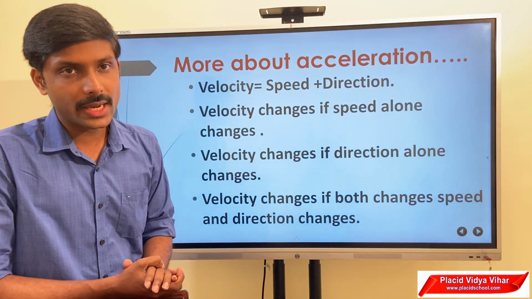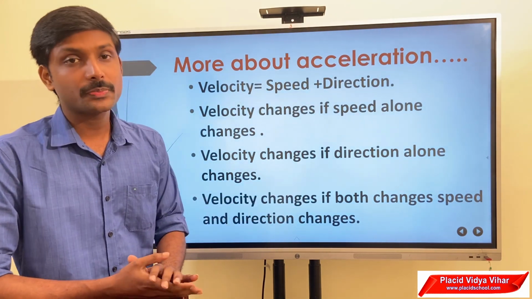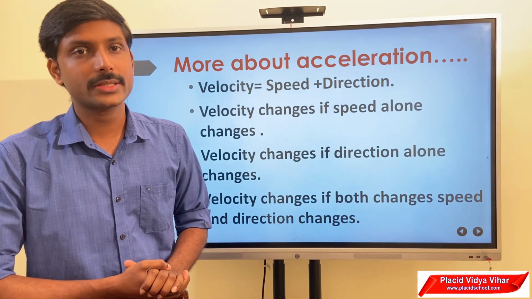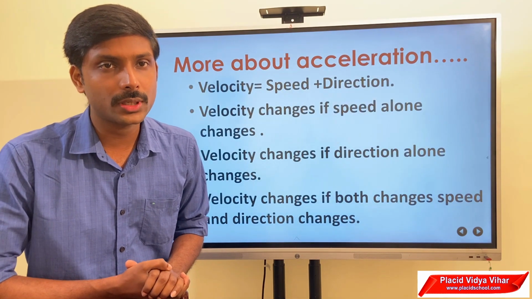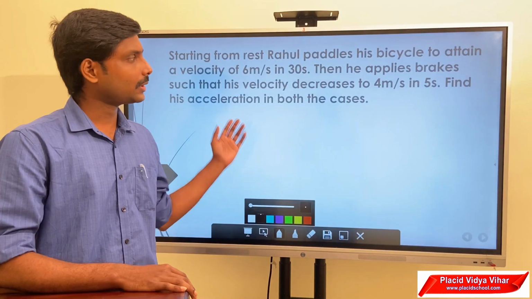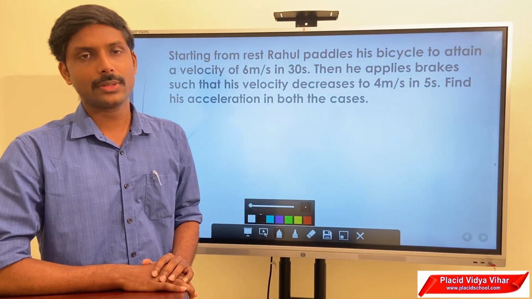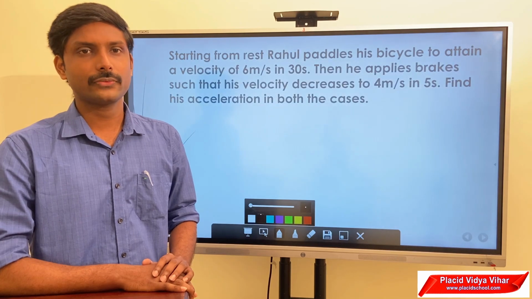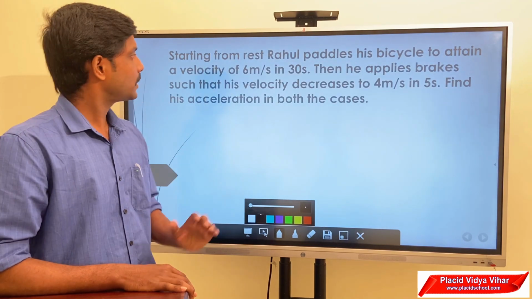In the final case, both speed as well as direction can change, and that outcome will be a change in the acceleration. Now let us do a problem based on the concept of acceleration.